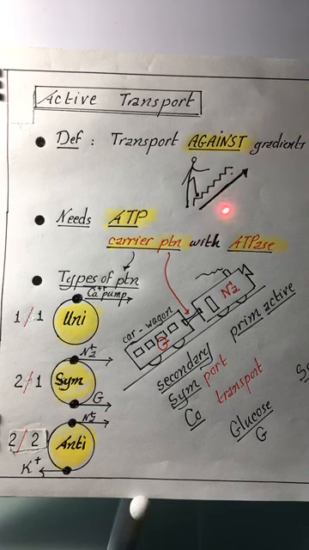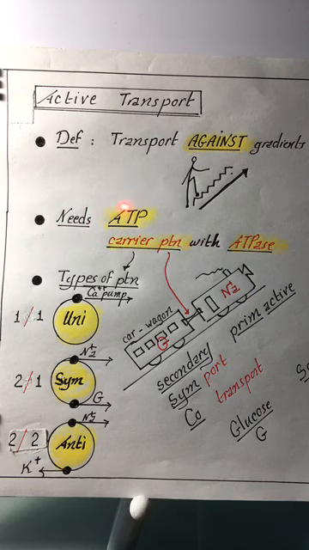And here I drew a person climbing up the stairs. This definitely will need energy. We need ATP. So the second point you can anticipate from the first. Being the active transport, as the name even indicates, is transport against gradient, so it needs energy, it needs adenosine triphosphate.